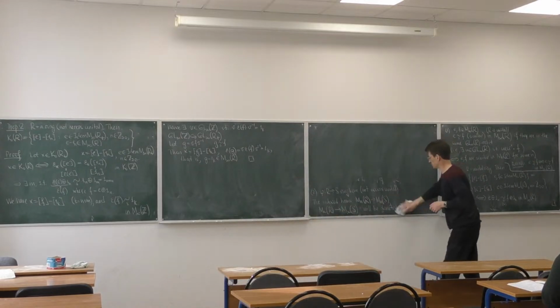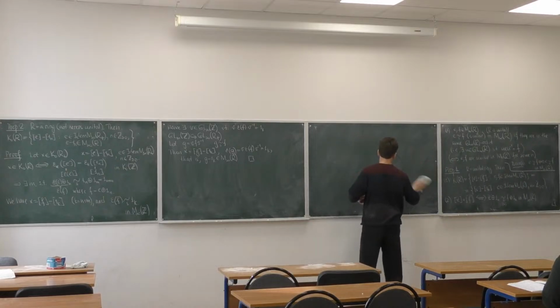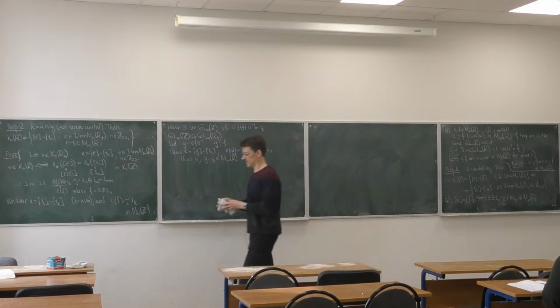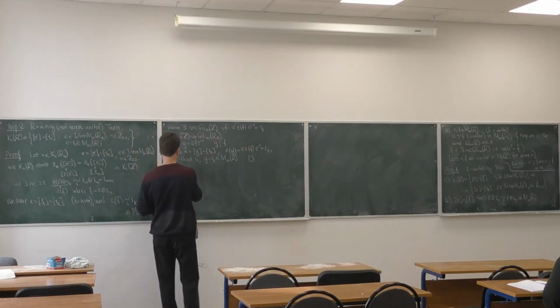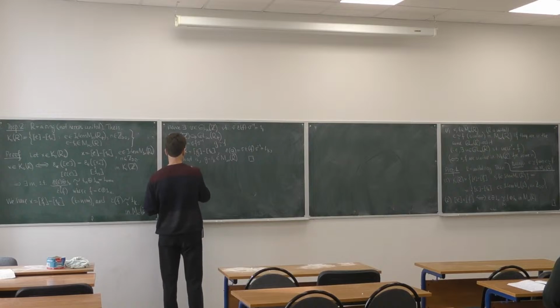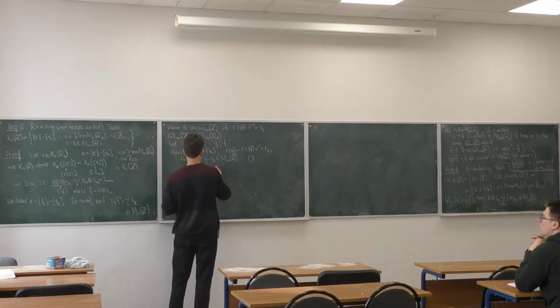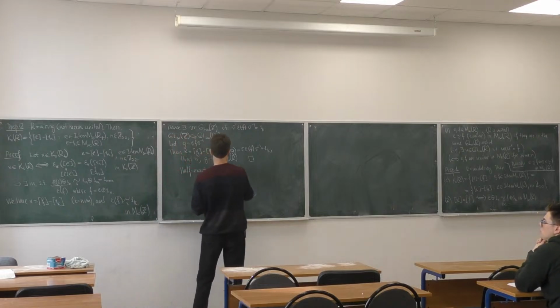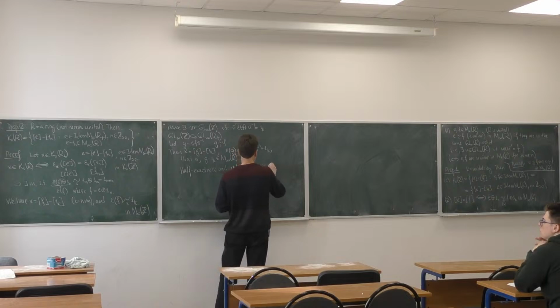Okay, now we are ready to prove two important properties of K0, namely half exactness and split exactness of K0.